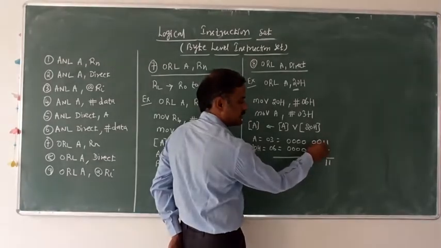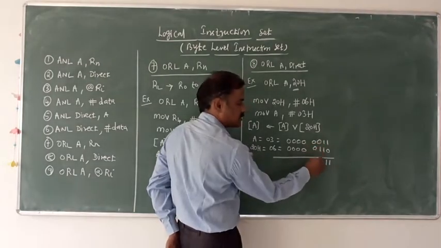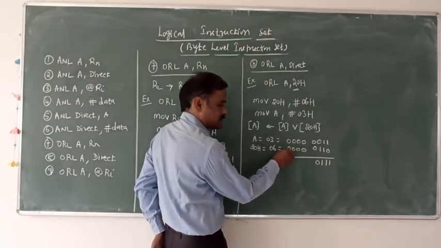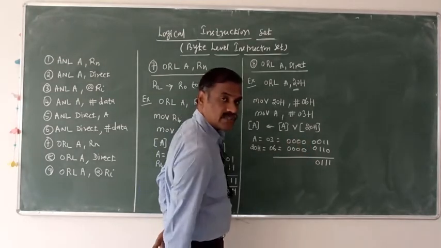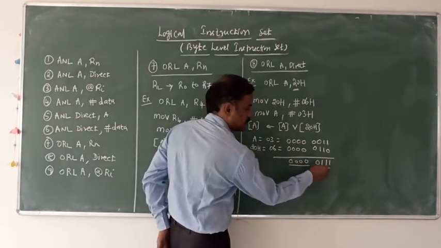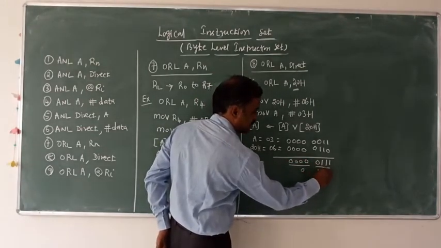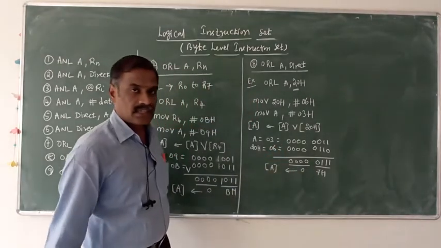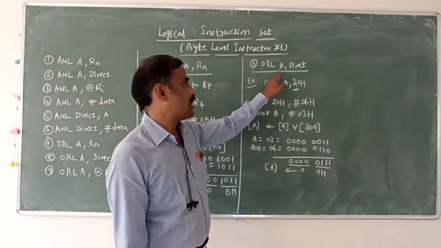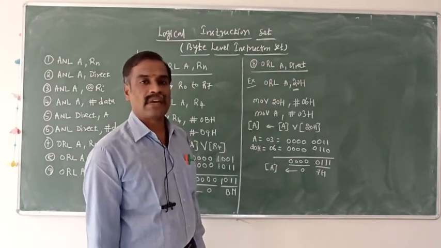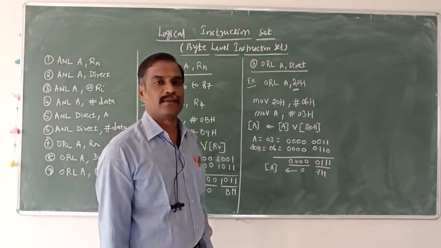Both inputs low, output is low. And here, all the 4 inputs, both the 2 inputs are low, output is low. The result is 07H. This result moves to the A register. This is the operation of logically ORing the accumulator with the given 8-bit internal memory address location data.